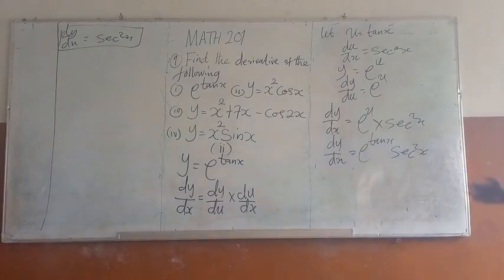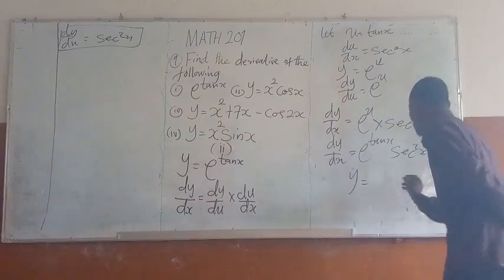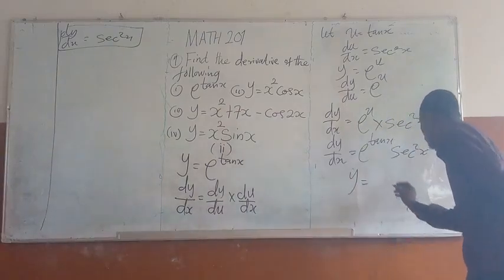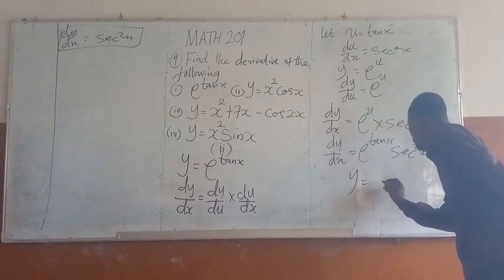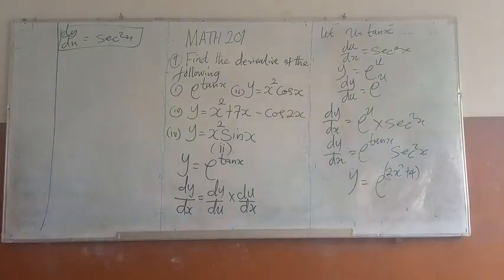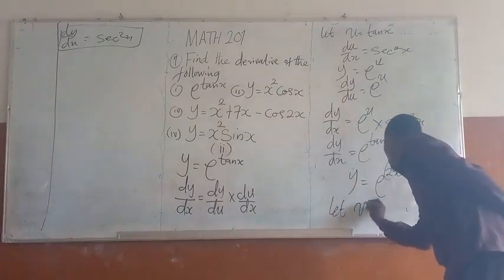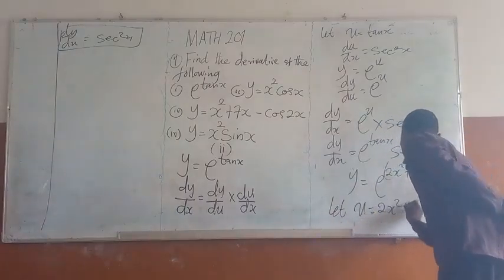Let me give another example to confirm this. Let's say you have y equals exponential 2x squared plus 4. It's still the same step. You let u be the power, so u equals 2x squared plus 4.